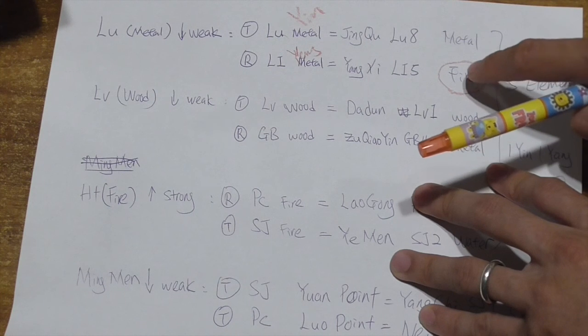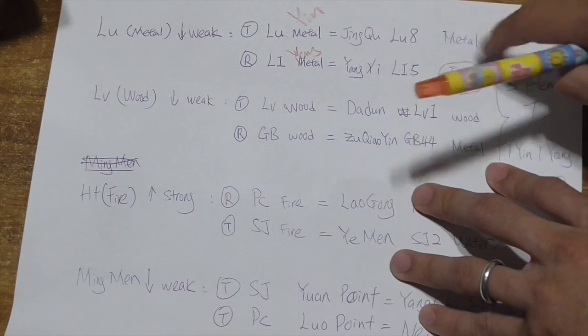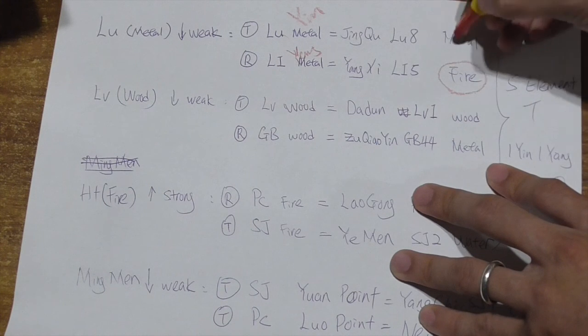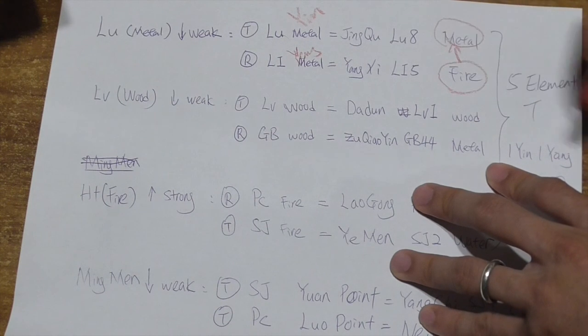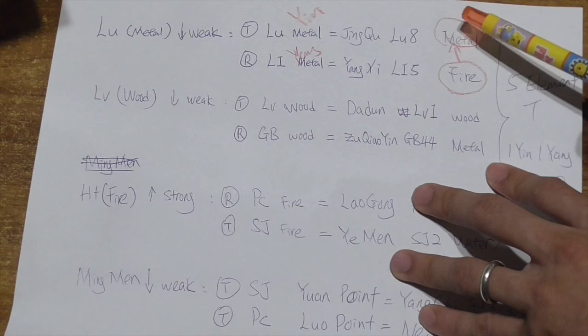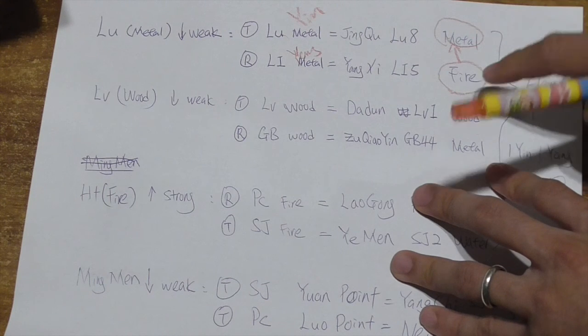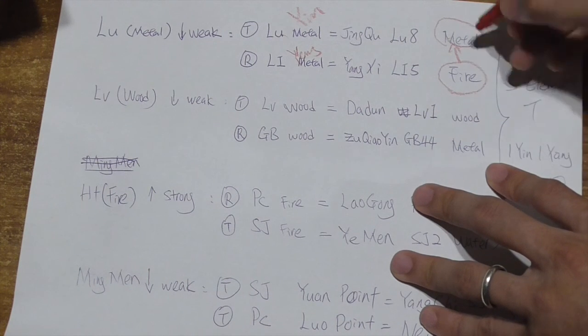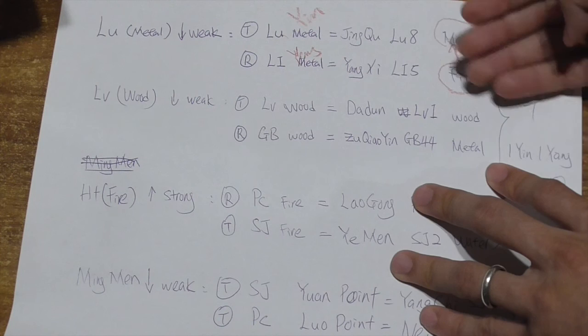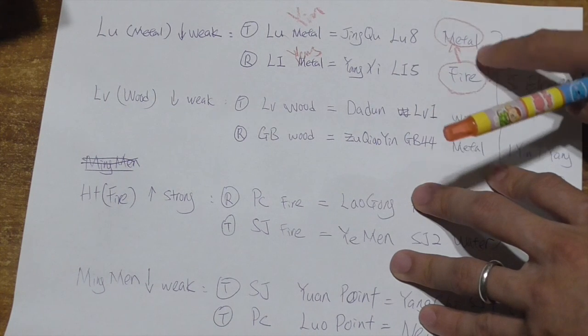Fire is always going to act against metal, right? No matter what, it's going to work against metal. So what are you going to do? We're going to reduce fire. When the fire becomes weaker, the metal will get stronger.